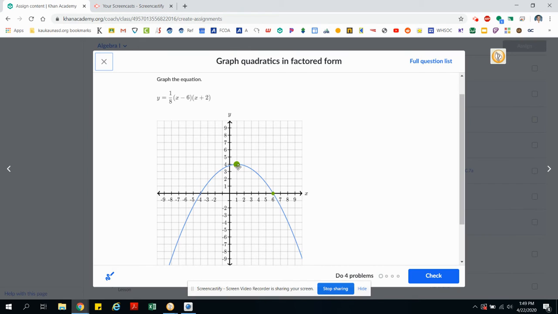I need to slide this either left or right so that this crosses at 2. So it's a little too far to the left, so I'm going to move this to the right. All right. So sure enough, that'll do it. So now I have my x-intercept of 6 and my x-intercept of negative 2.